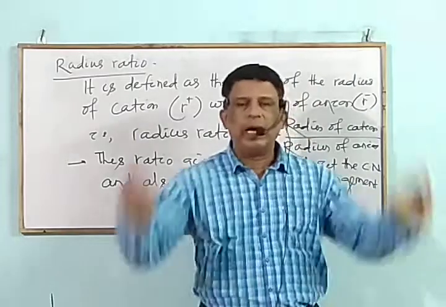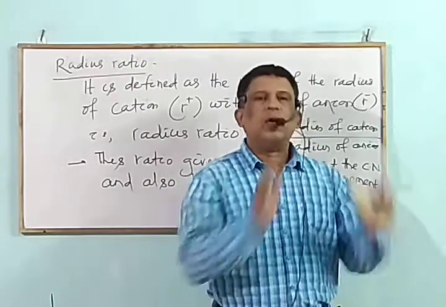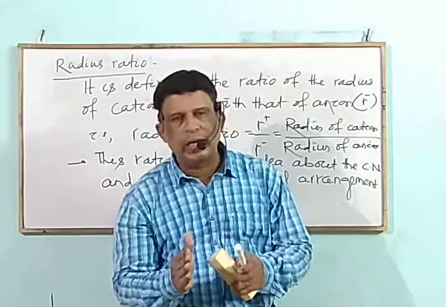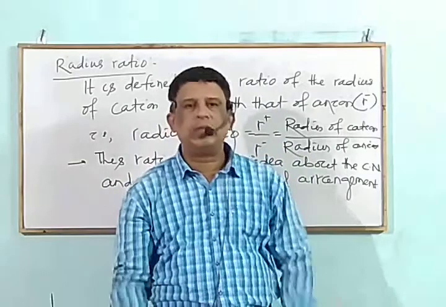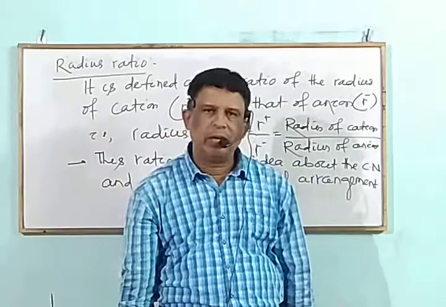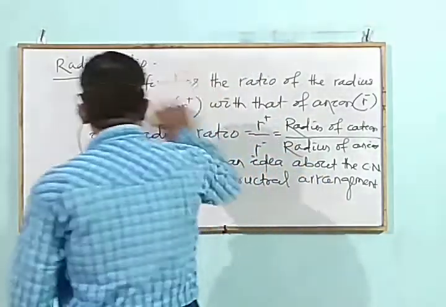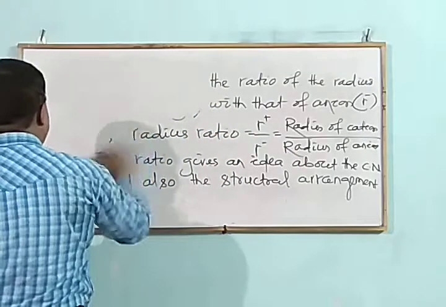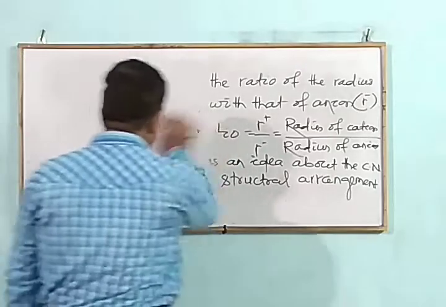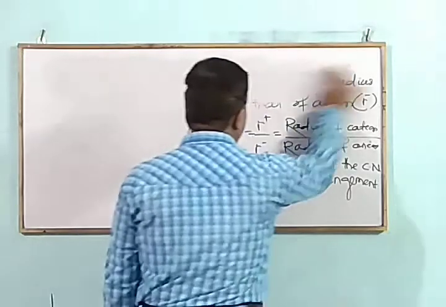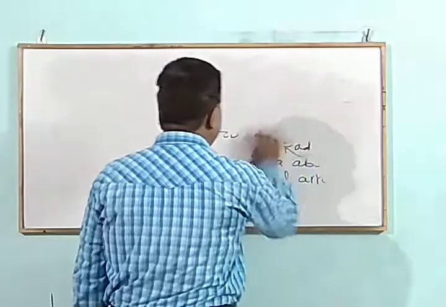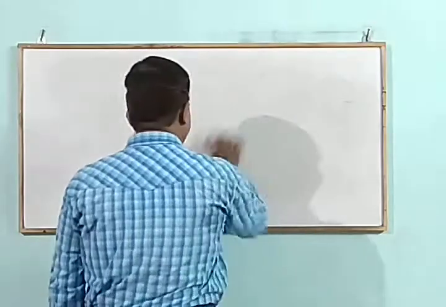Now we go through a table representing the possibilities of radius ratio, how it is related to coordination number, and also how it gives the structural arrangement.